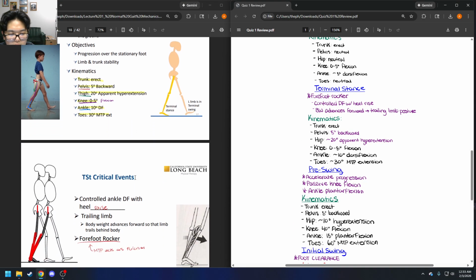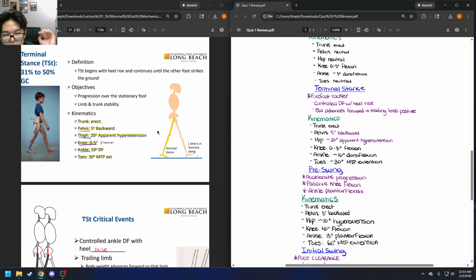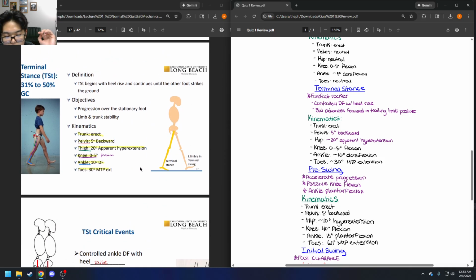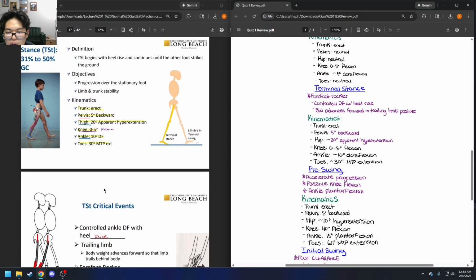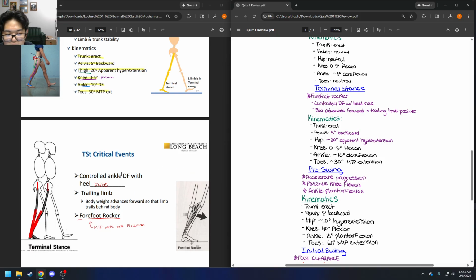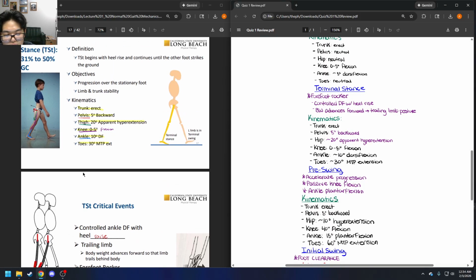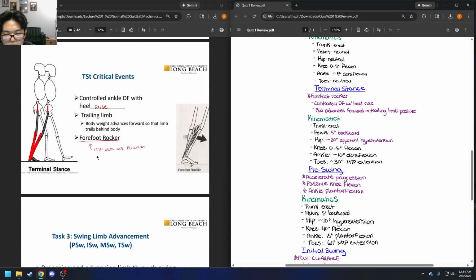So what I mean by that is that in order to lift up your right limb, because we're talking about the right side right now, you're going to have dorsiflexion in your ankle, which is why we have an increase in dorsiflexion. And this increase in dorsiflexion will cause your heel rise. And because you're having that heel rise and you're advancing your limb movement, you're causing a trailing limb posture. So that can be seen through these graphs or through these illustrations.